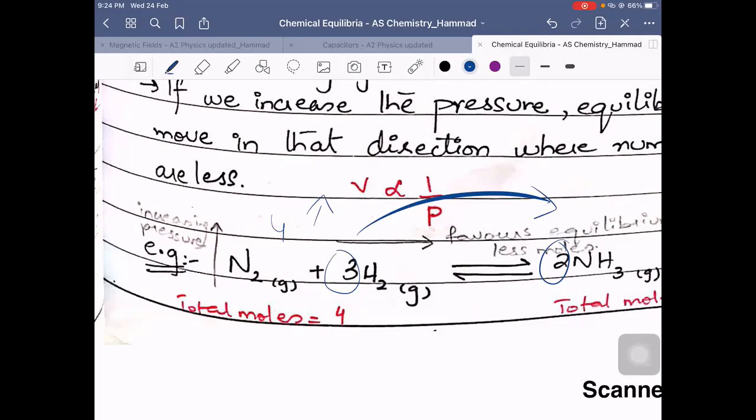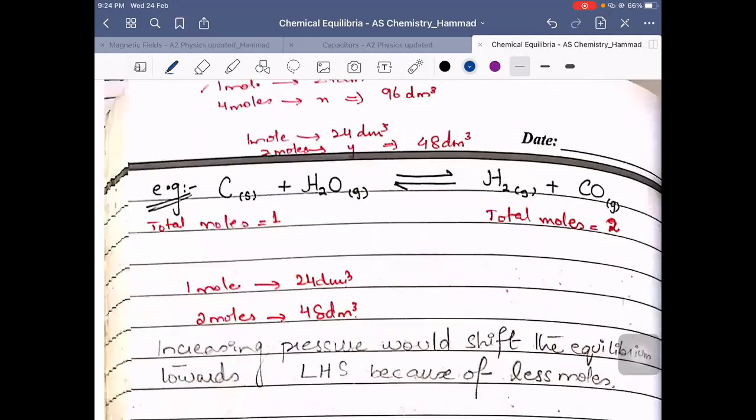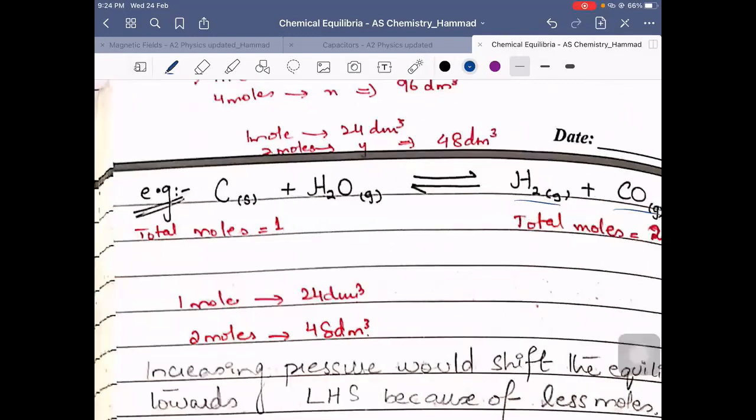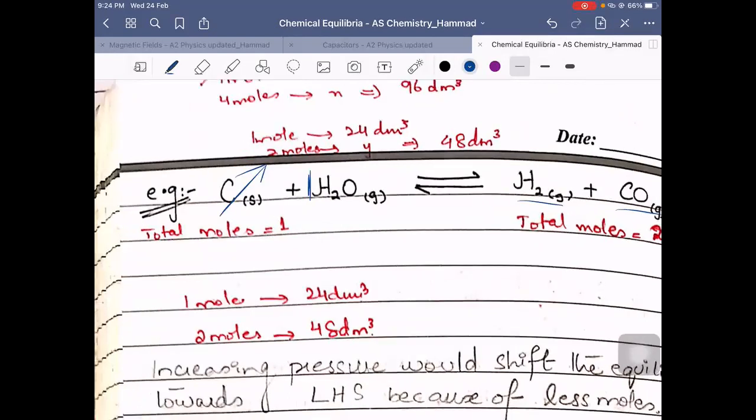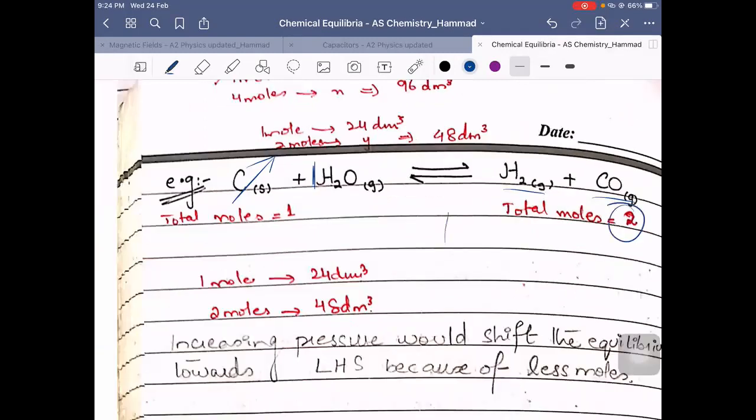For example, you have this equation: carbon solid and H2O gas provide you with hydrogen gas and carbon monoxide gas. Please understand that on the reactant side, you have only 1 mole of gas, and on the product side, you have 2 moles of gas. If you are increasing the pressure, equilibrium moves in the backward direction because there are fewer moles on the reactant side.